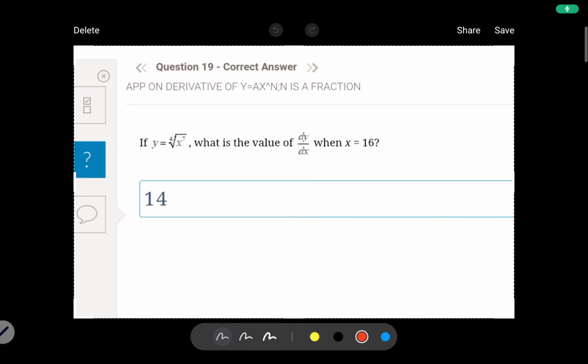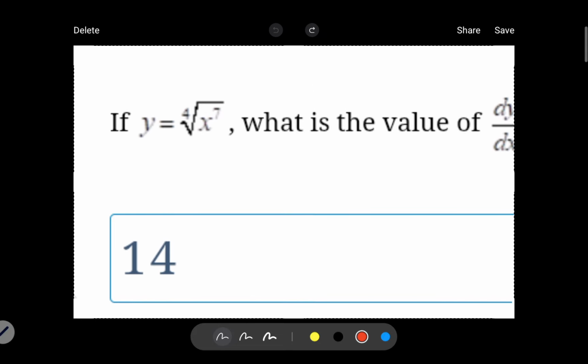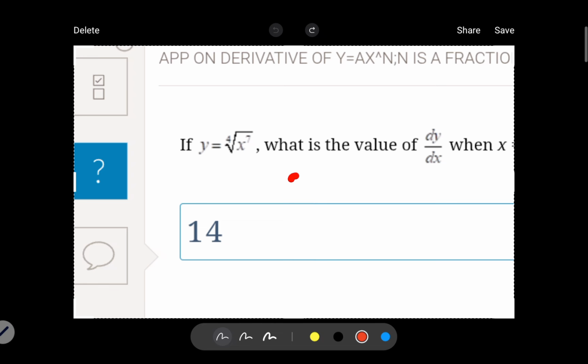Now for this question you have two ways. You could either start with shift and then a box, or just do it this way. They're both easy. First thing, we have to remove it out of the radical, so it will be x to the power of 7 over 4.